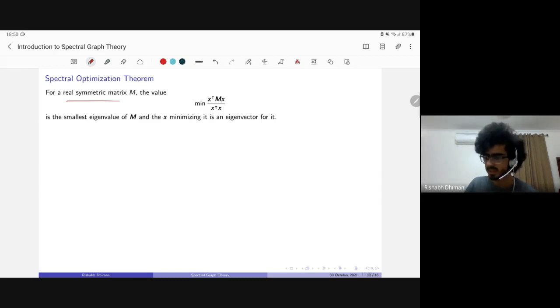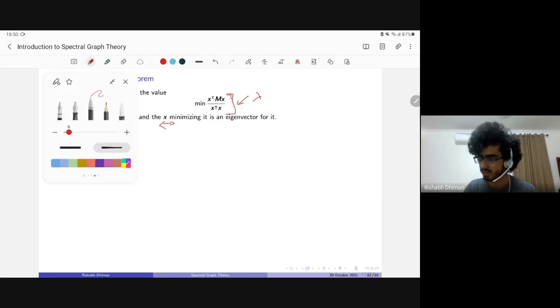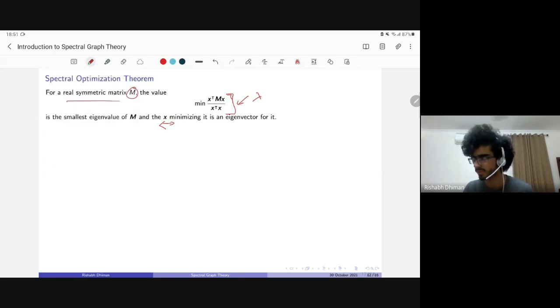If you have some real symmetric matrix M, then the Rayleigh quotient I defined earlier, its minimum value will be an eigenvalue, and the vector that actually minimizes this value will be an eigenvector. So I'll just go right into the proof.